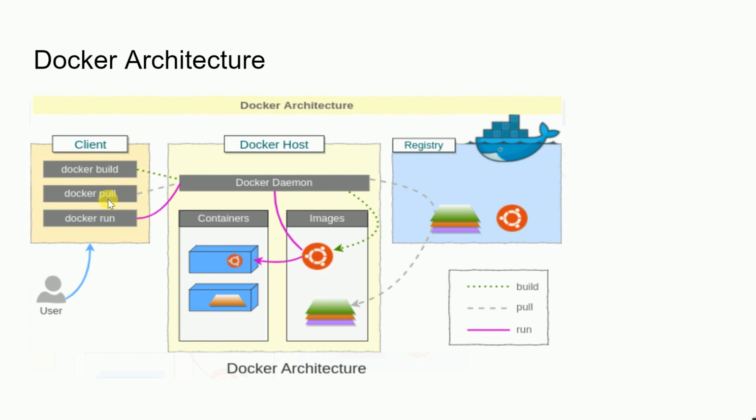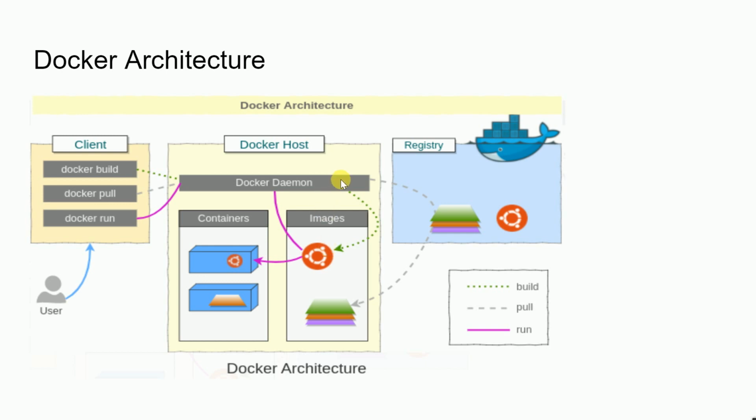Then if we want to pull from the existing registry, we just need to run the command docker pull and we'll get the image from the registry. Let's say I run the command docker pull, it checks with the Docker daemon whether this image is available or not. If it is available, then it provides it from the local machine.